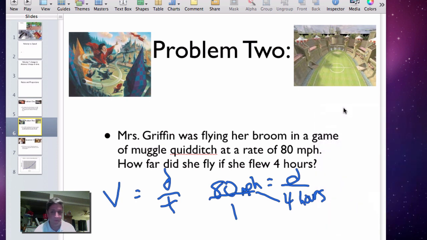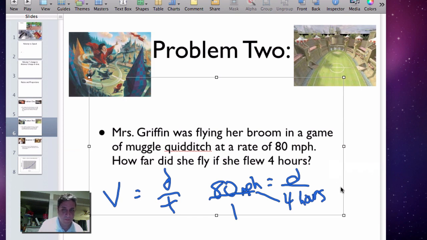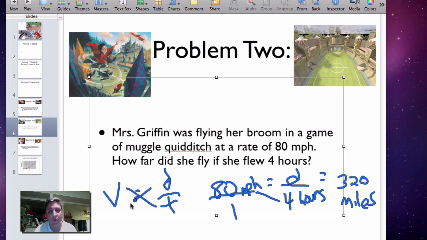So my answer, the distance is 320 miles per hour, and hours are our units, so it'll be 320 miles. That's how far she would fly. So if I'm given a velocity and time, I multiply them together. V times t equals d times 1, and I get d that way. All right, one more problem.